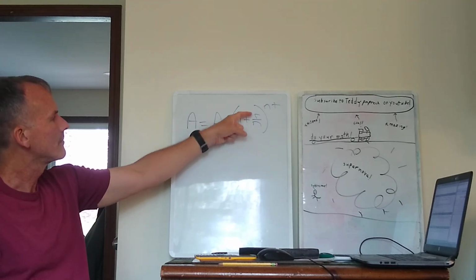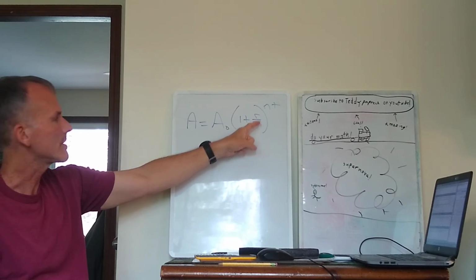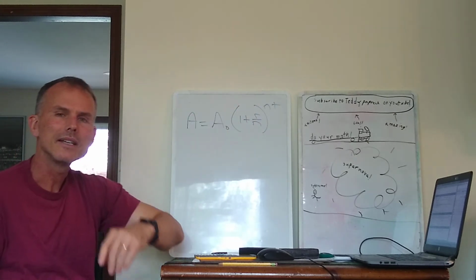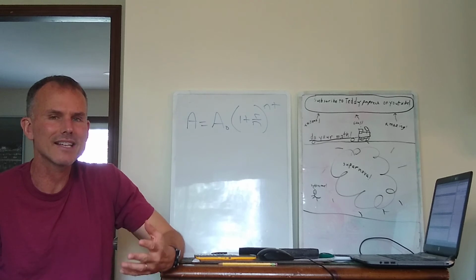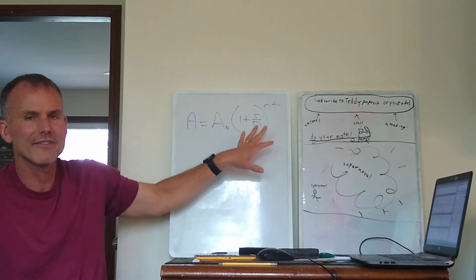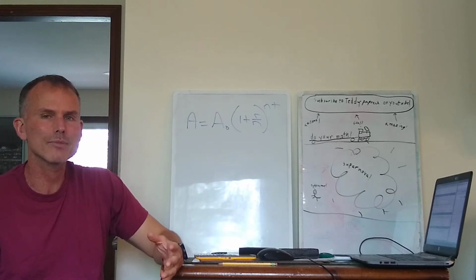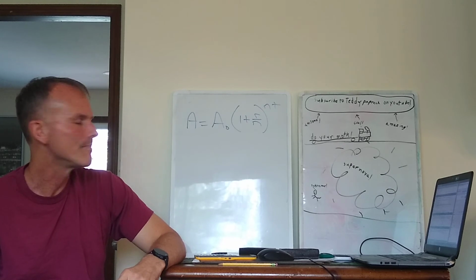R is the interest rate as a decimal. N is the number of compounds per year. N up there is also the number of compounds per year. And the t up there in the exponent is the time period in years. The expression on the right side of the compound interest formula is an exponential expression. It has a variable in the exponent in the form of time.